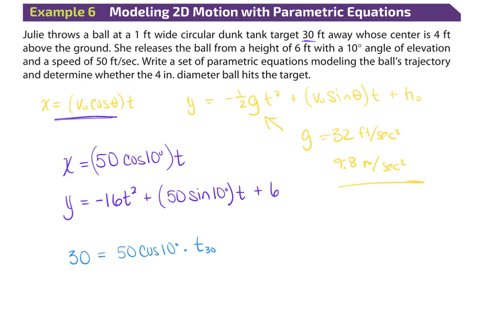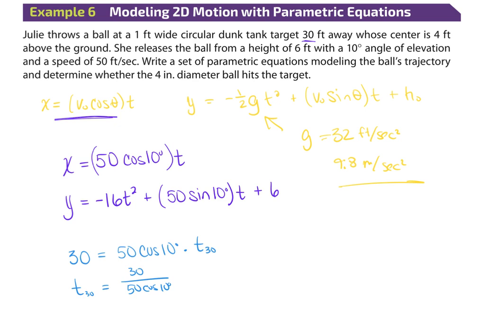Everybody see that? So how do I solve for that number of seconds? I'm just going to divide both sides by 50 cosine of 10. So for it to go 30 feet, the time is going to be 30 divided by 50 cosine of 10. So in your calculators, you need to do that. It does order of operations, so you have to put parentheses around 50 times cosine of 10.